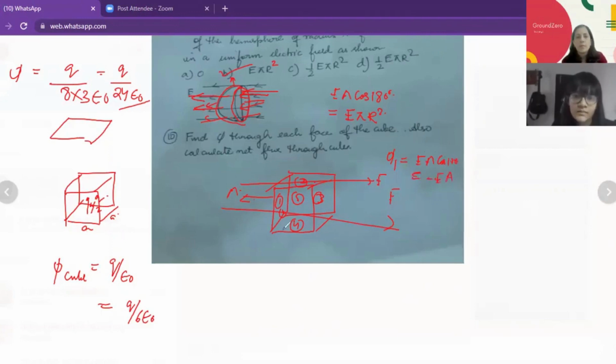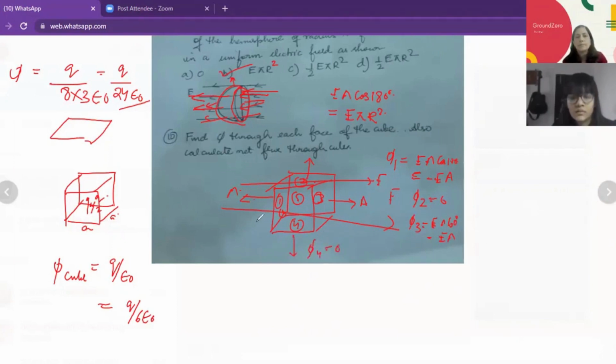What about the second face? The second face is the top one, right? So 90 degrees, 0. Yes, phi 2 is 0. Third one, area normal, EA cos 0. So that gives you EA. Fourth one, 0.